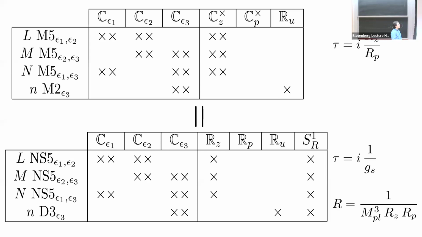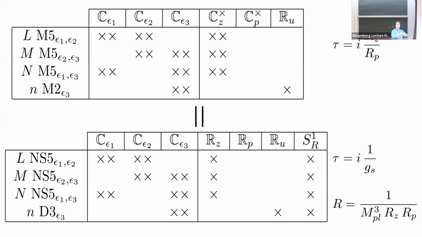So you can really engineer any type of brane configuration in type IIB. The momenta on the M-theory torus become strings in type IIB. So the generators of the algebra are just strings, right?